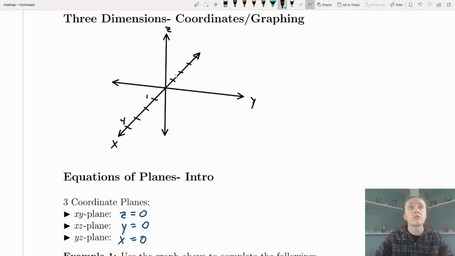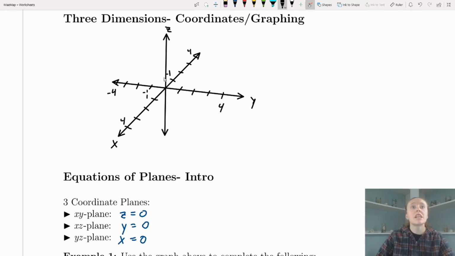So I'll put 1 to 4, 1 to 4, and those are negatives, where that origin is that point (0, 0, 0). So Y's, we'll do 4 again, so 1, 2, 3, 4, and a negative 1, 2, 3, 4.